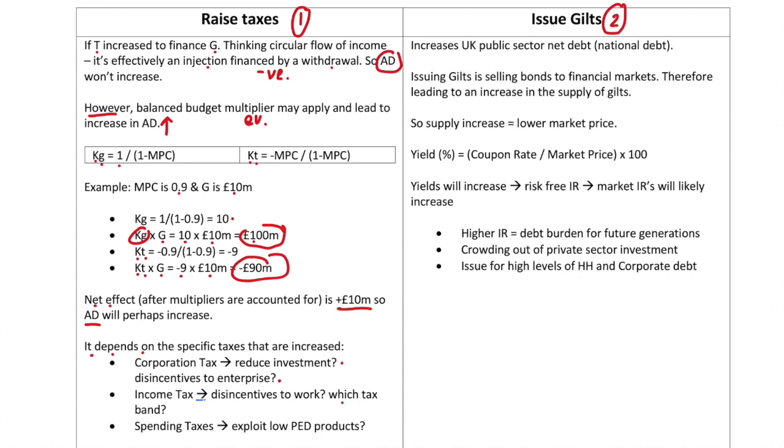Is it going to be the personal tax allowance, or on the other extreme, is it going to be the additional rate of tax that's affected and that's increased there? Also, you might want to go down the spending taxes, so indirect taxes route. And it could be that you could look to exploit anything that's got inelastic demand, like cigarettes or alcohol.